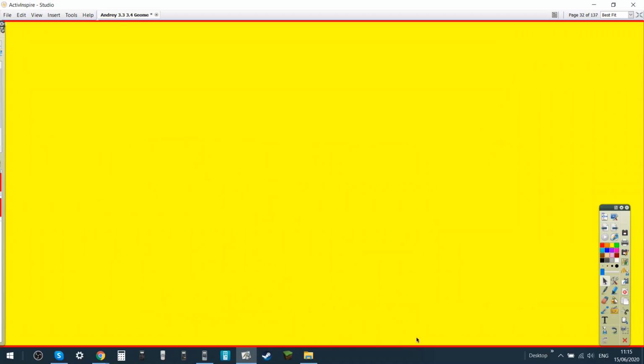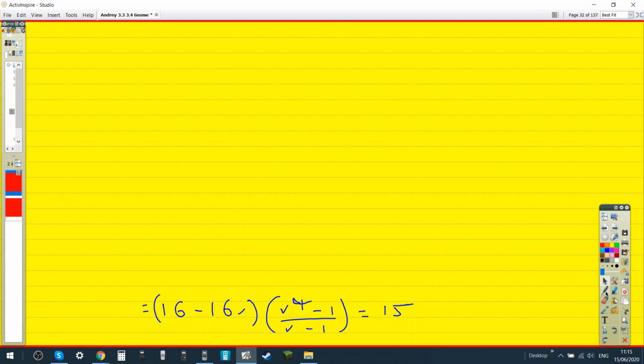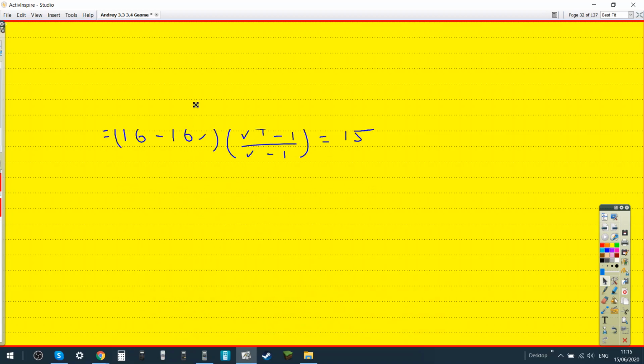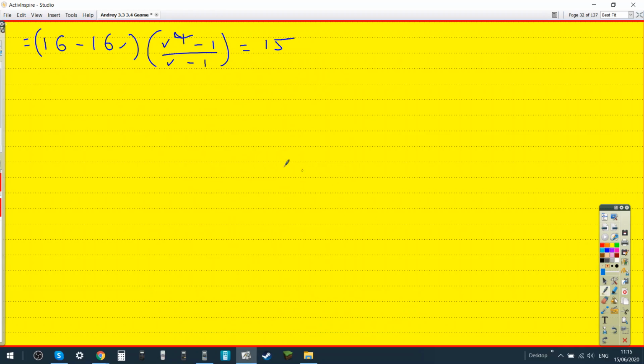Is that 16 R to the power of 4 minus 16 minus 16 R to the power of 4 plus 16? Is that like 16 over R minus 1 or something? I think so.